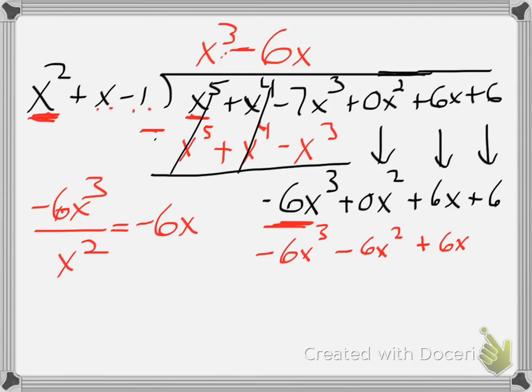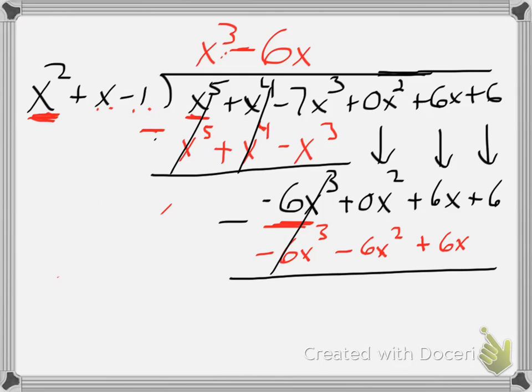Now once again I will subtract. Negative 6x to the third minus negative 6x to the third comes out to be negative 6x to the third plus 6x to the third, so they add up to 0.